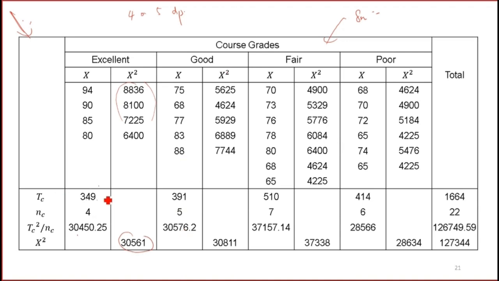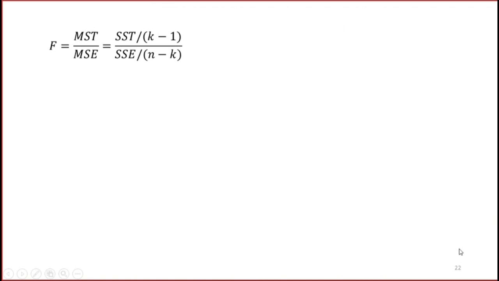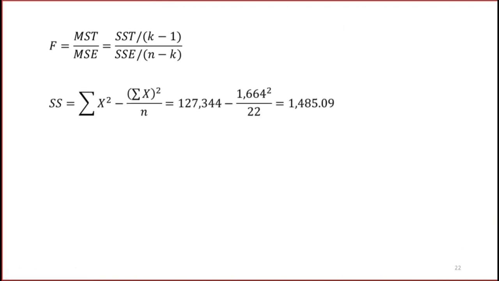Last, you need to find the total value for all groups. So this is n, this one is total x, this one is total TC power of 2 divided by NC, and this one is total x power of 2. Then you can substitute the values in this formula.